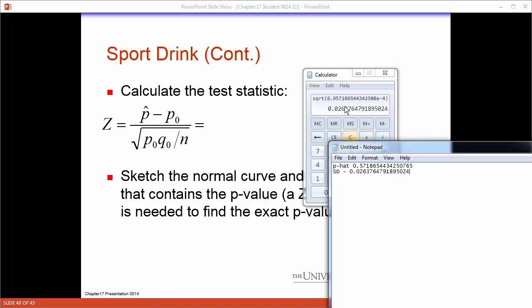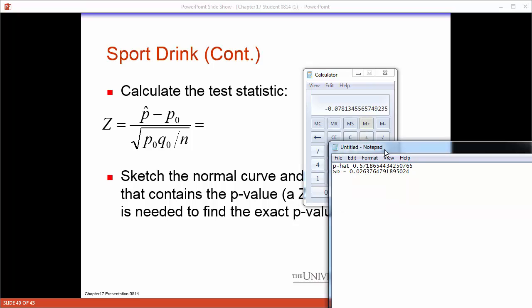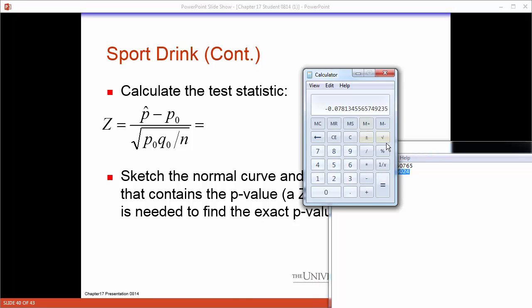Now let's put in p hat minus p naught, and we get a negative because we fell below. Now I'm going to divide it in terms of standard deviations, and there's our z-score.